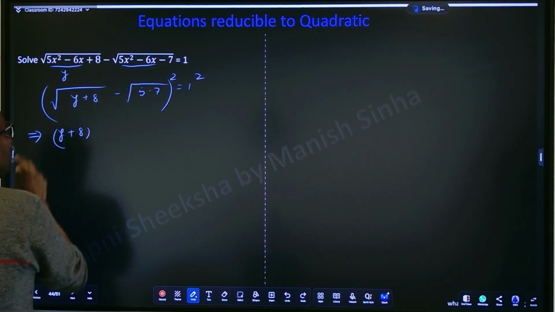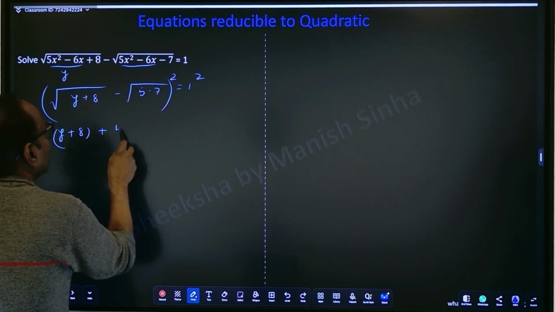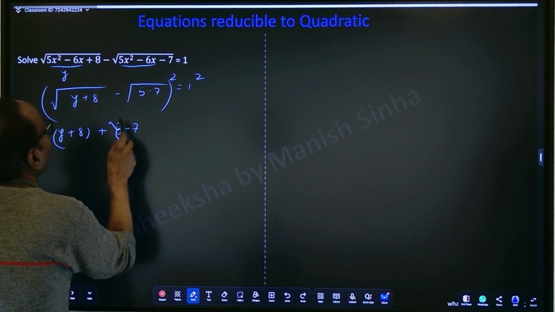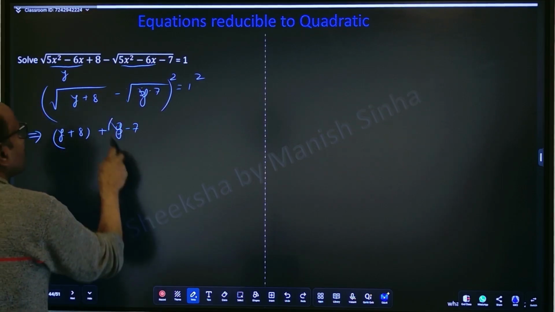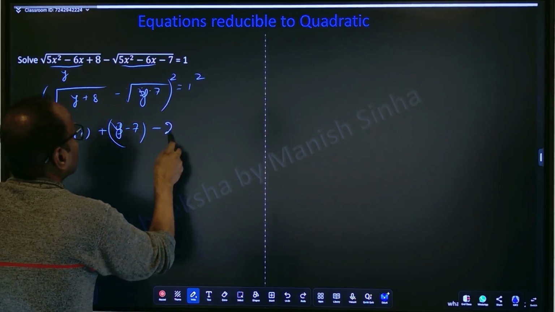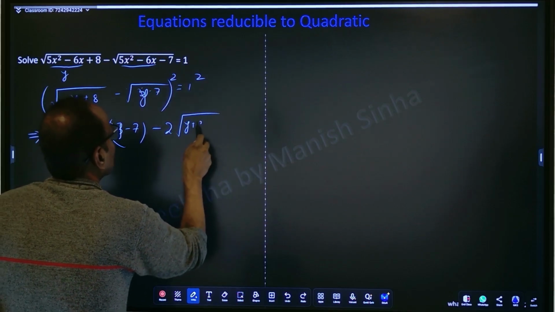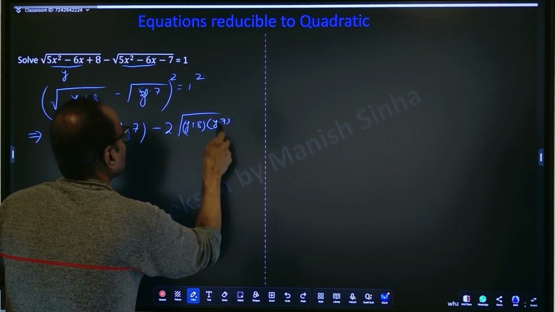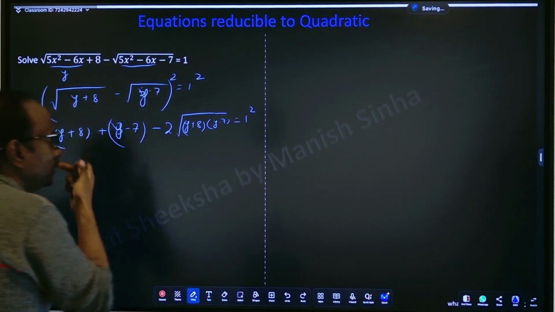Square of this will give y plus 8. Square of this will give y minus 7, minus 2 into a into b, is equal to 1 square. 1 square is 1.